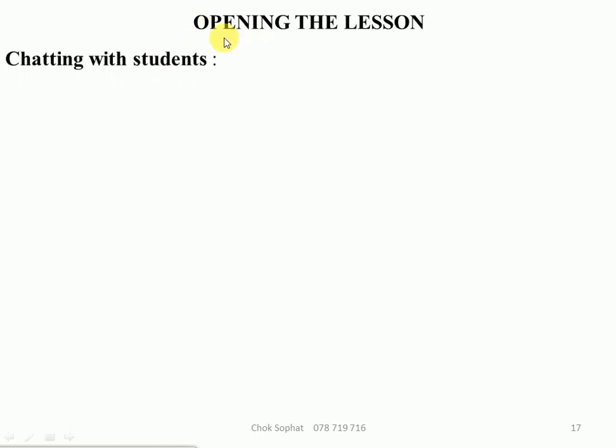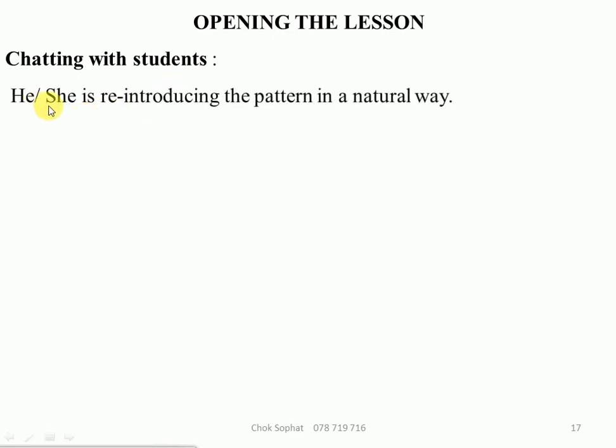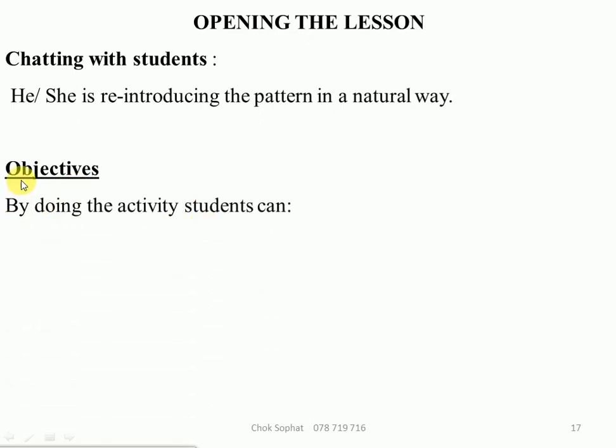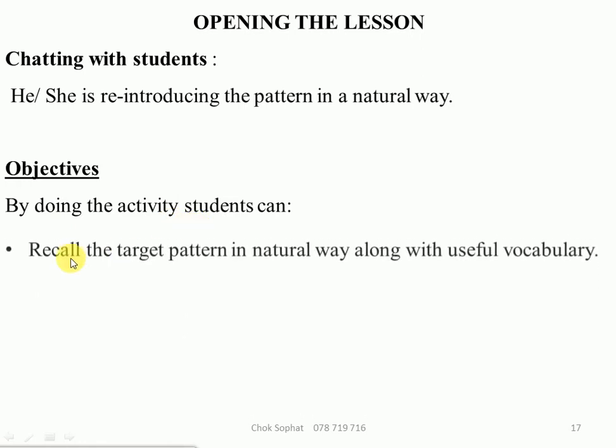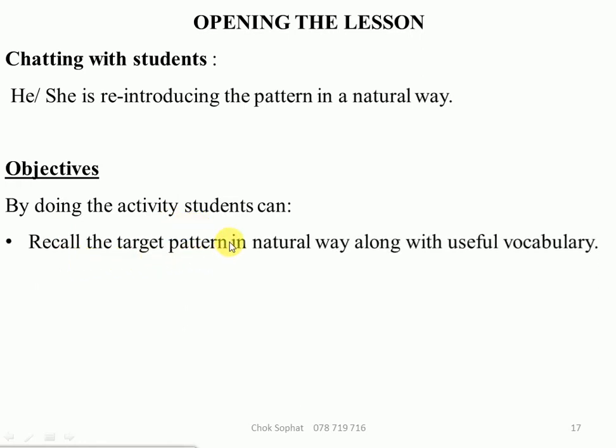Opening the lesson: chatting with students. This is the second technique. It is just a sample, not the lesson plan. The teacher reintroduces the pattern in a natural way. Objective: by the end of the activity, students can recall the target pattern in a natural way along with useful vocabulary.